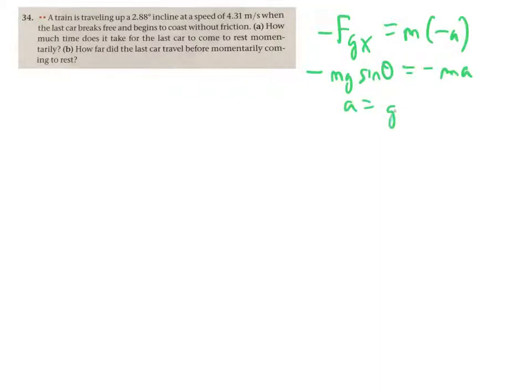So to recap, we have minus FGX equals m times minus a, but then FGX was mg sine theta, and this would be minus ma, so the acceleration is just g sine theta. All right, that's the magnitude of the acceleration, is g sine theta.